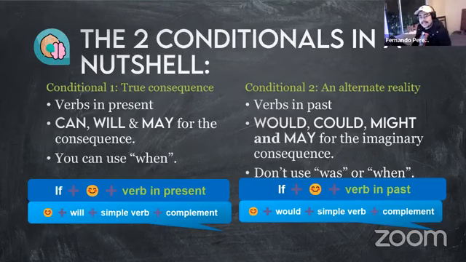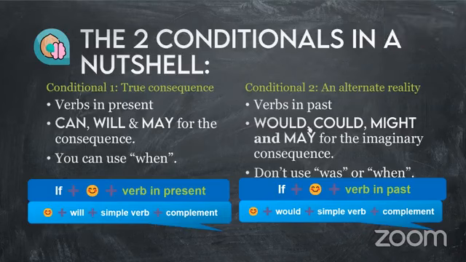But you know what, Charlie? This is a true consequence. This is conditional number one. This is not imaginary. I need an imaginary example. Okay.